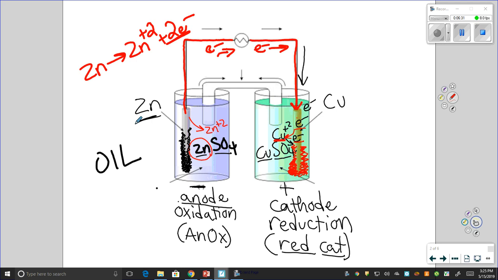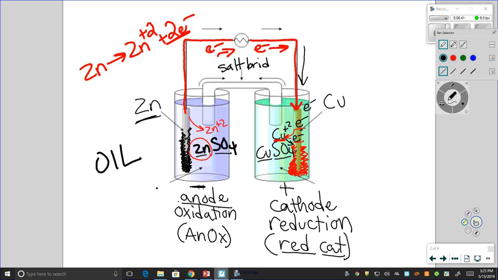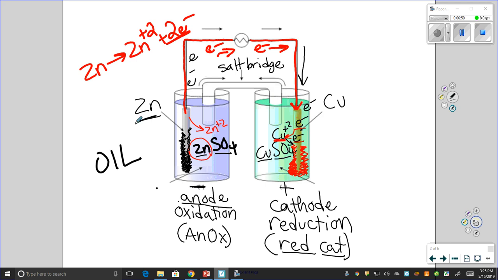Now let's talk about this bit in the middle. This is our salt bridge. The salt bridge maintains electrical neutrality of our system because every time that we have electrons coming off of our anode, it makes the anode more positive because we have these positive zinc ions coming out into solution. So we need to have negative charges moving this way. So we're going to have sulfate ions moving that direction.